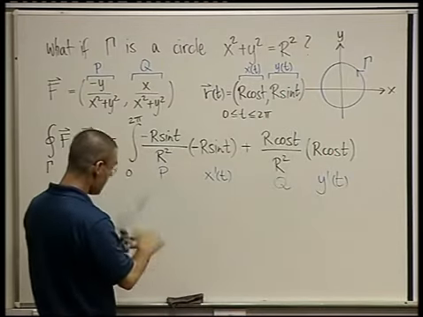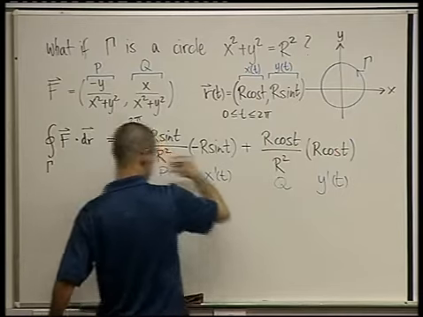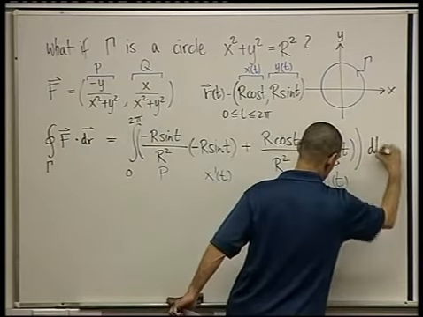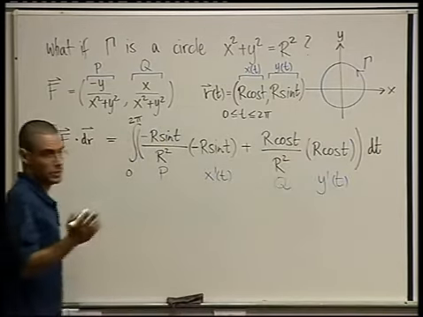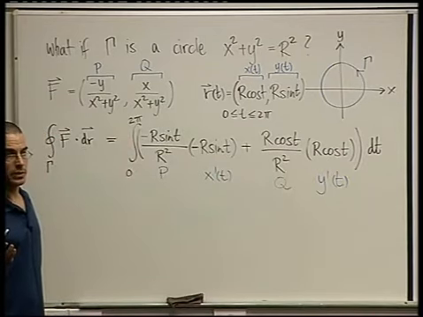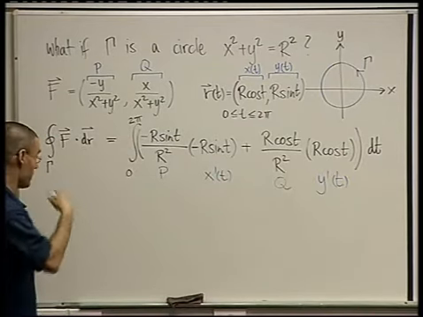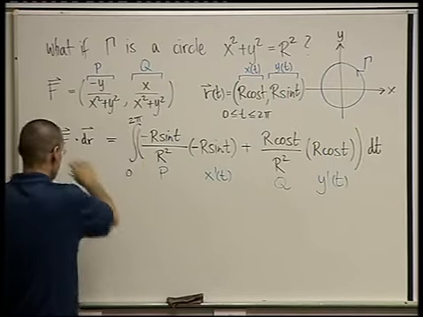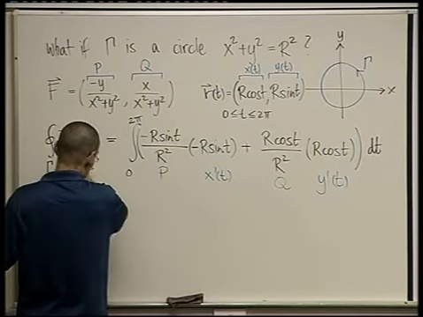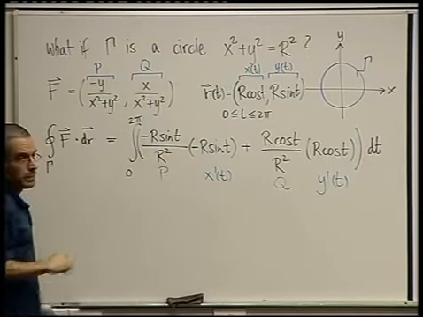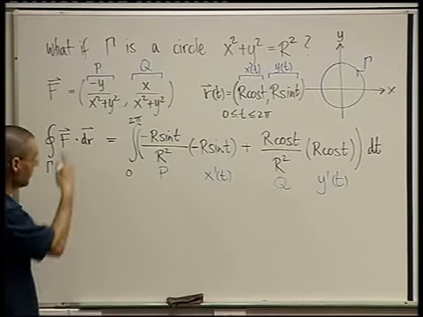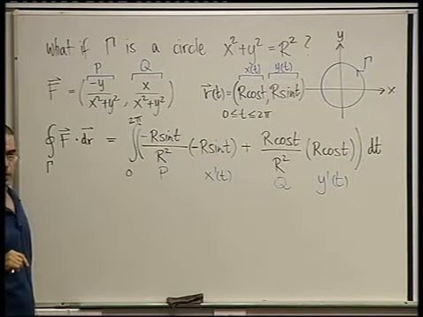And then all of this dt. Did everybody understand what I just did? Okay, so I'm doing a straightforward, no theorems, straightforward evaluation of a line integral by definition, parametrizing the curve and doing what needs to be done.